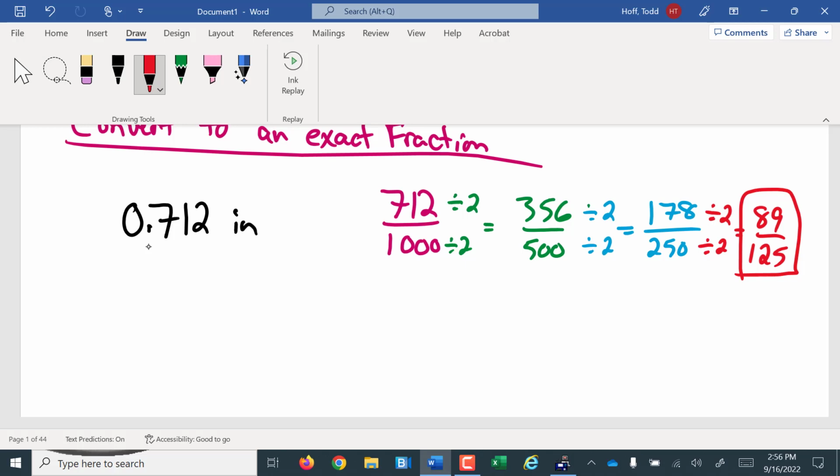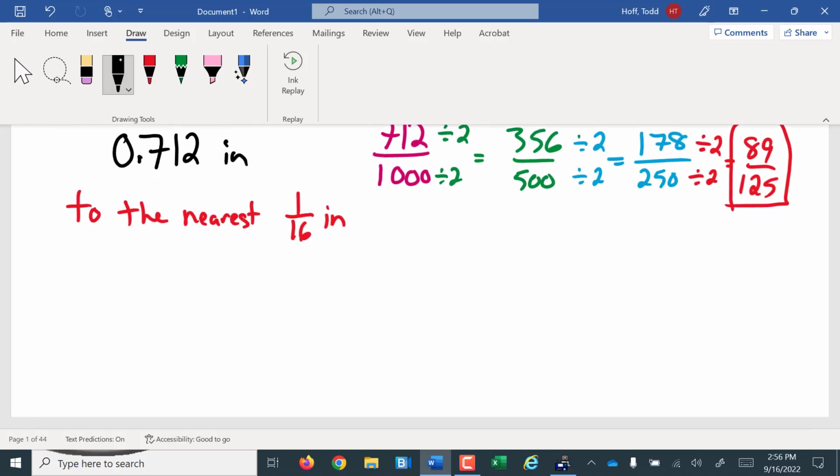Where's that on the tape measure? I have no clue. So when we're dealing with construction, a lot of times we don't want an exact fraction. We want to go to the nearest given denominator. In this case, let's go to the nearest 16th of an inch.